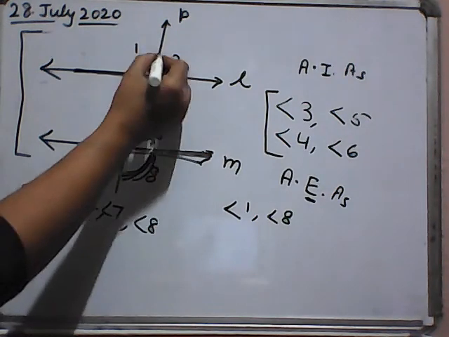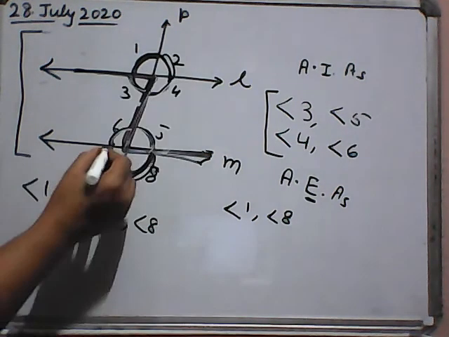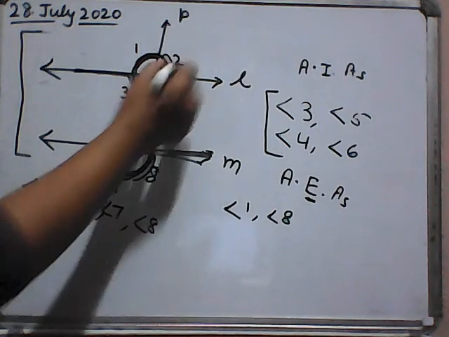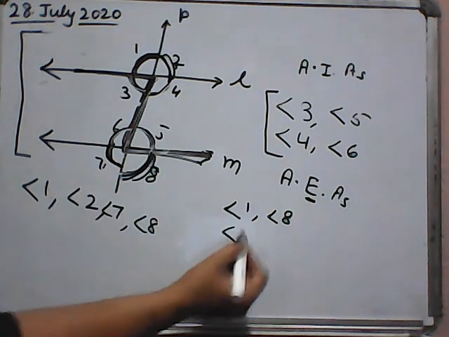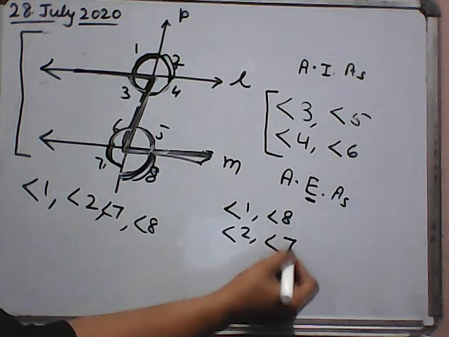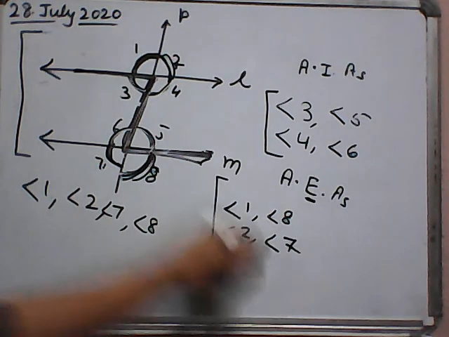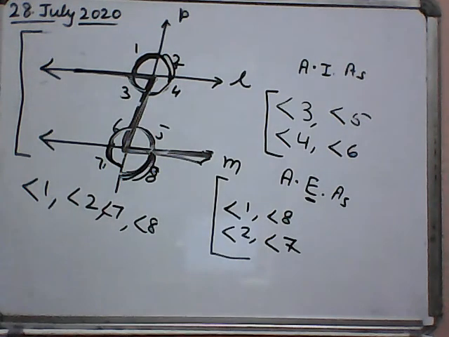Angle 2 lies to the right side, angle 7 lies to the left side, and these are on the opposite sides of the transversal. So these two angles are also alternate exterior angles. In this way, you can find out corresponding angles and alternate angles.